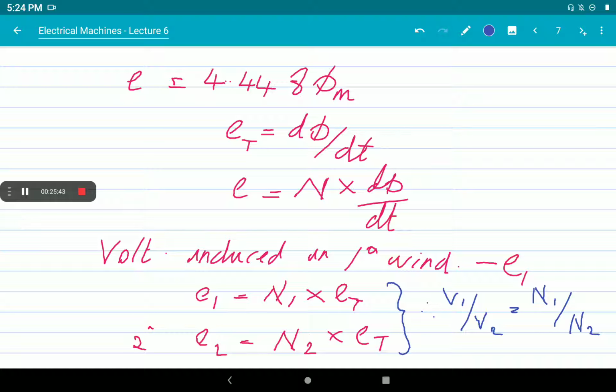Induced EMF E1 is equivalent to the terminal voltage V1, because there is no loss at no load. E1 is equal to N1 ET and E2 is equal to N2 ET. So we can say V1 by V2 is equal to N1 by N2.